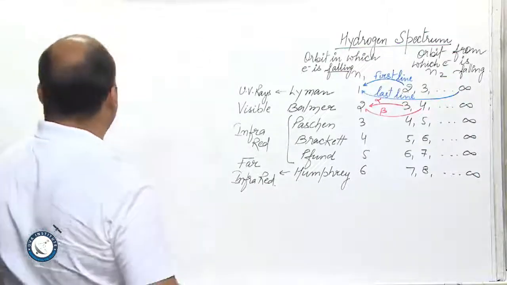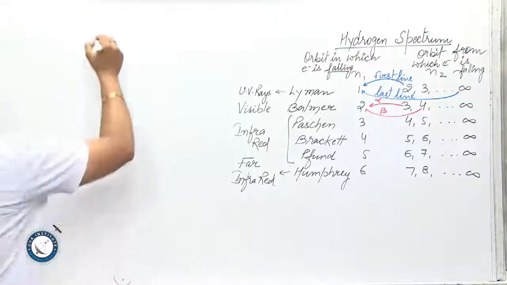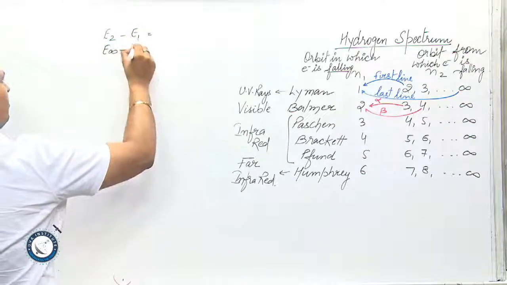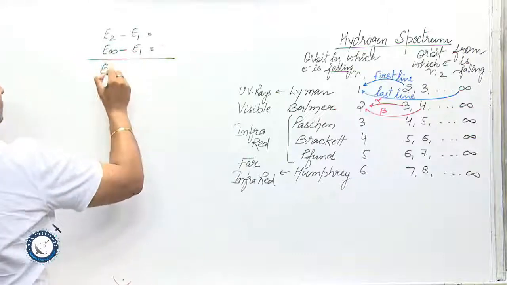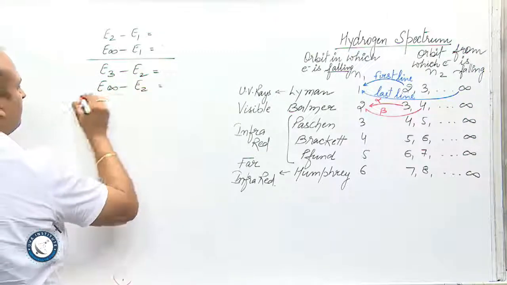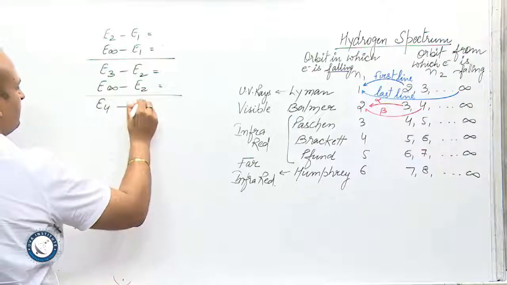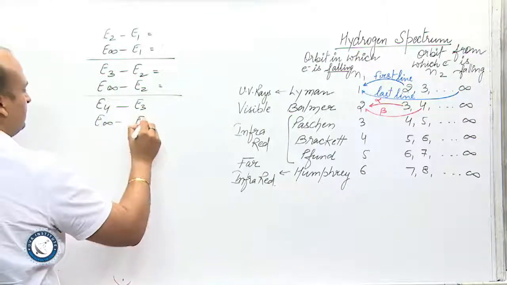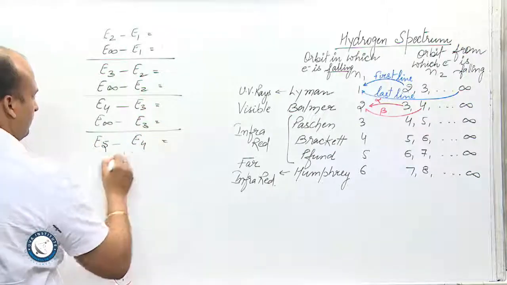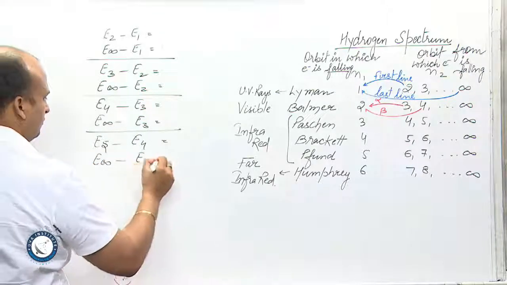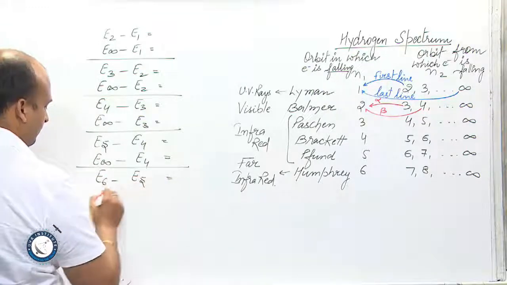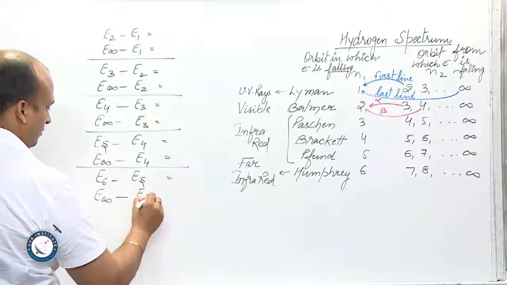You will calculate for me the energy of the second orbit minus 1, energy of the infinite orbit minus 1, energy of the third orbit minus energy of the second orbit, energy infinite minus second, energy 4 minus energy 3, energy infinity minus energy 3, energy 5 minus energy 4, infinity minus energy 4, energy 6 minus energy 5.